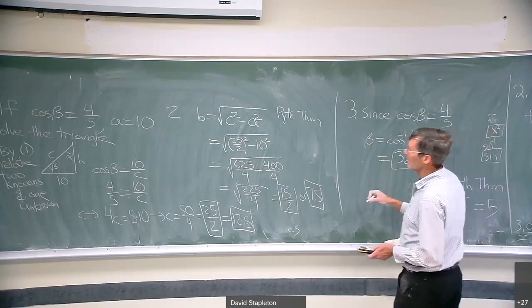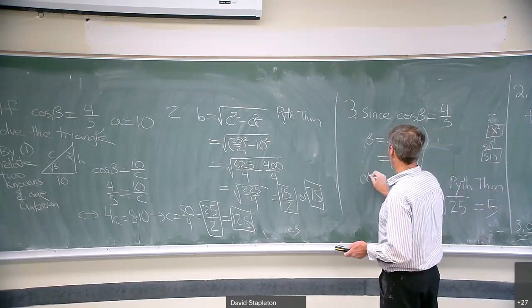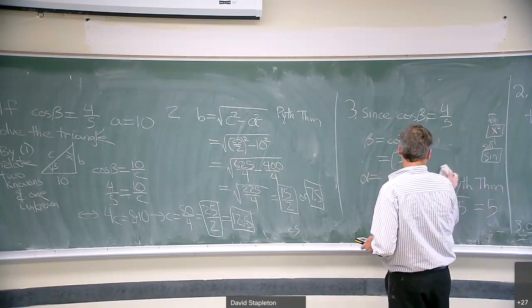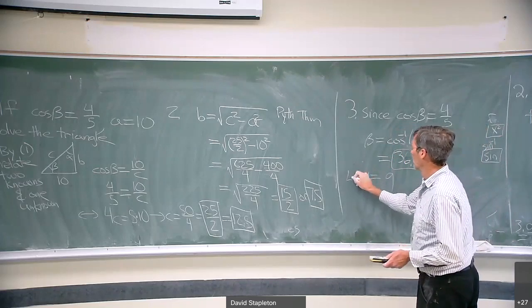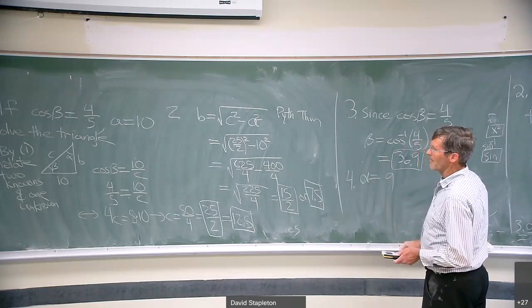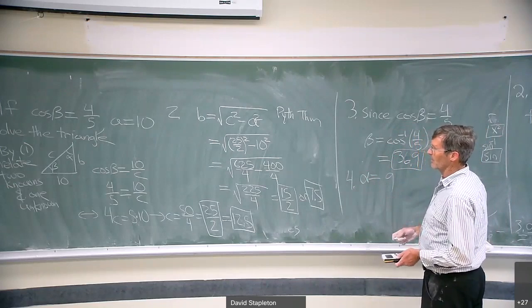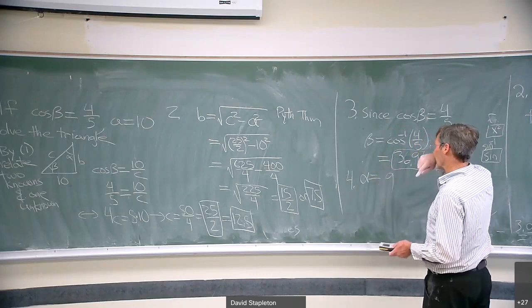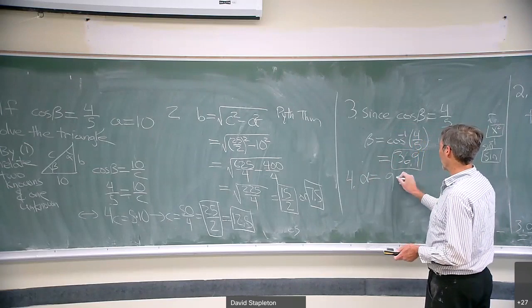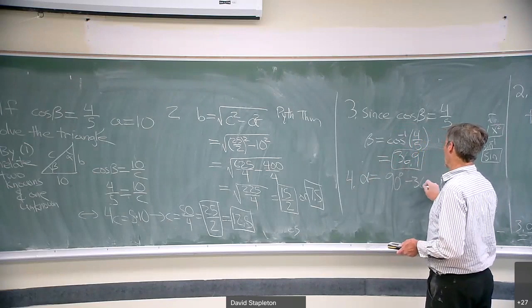And then alpha is 90 minus that. This time I had 4 steps because I was only given one side. I had to find the other angle and the other 3 things. So alpha is 90 minus this.